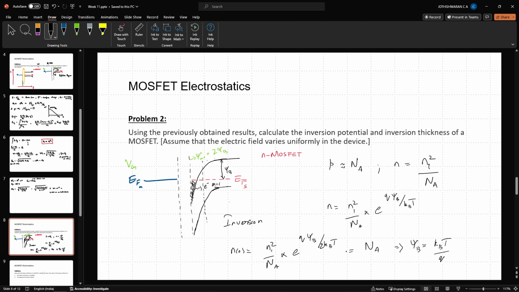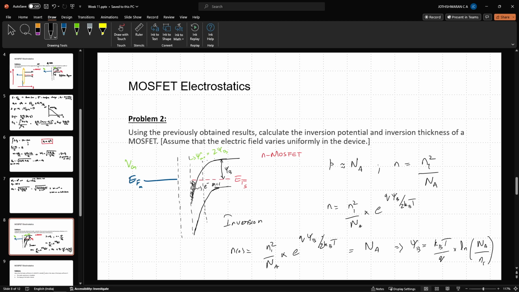So this is going to be kBT by q into natural log of Na divided by ni. And for full inversion, I will want psi inversion to be 2 times psi b.